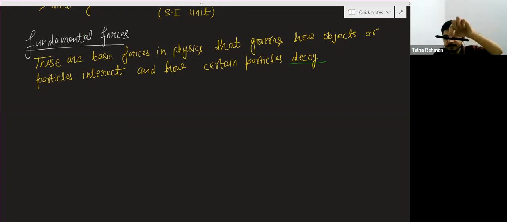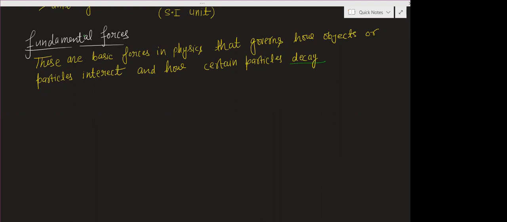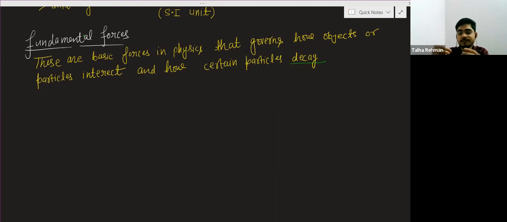Right now this is a pen, and if I see this pen after 10 years, there will be some decay in this pen. Very small decay, but there will be a decay. Decay means some particles will be removed from this pen.